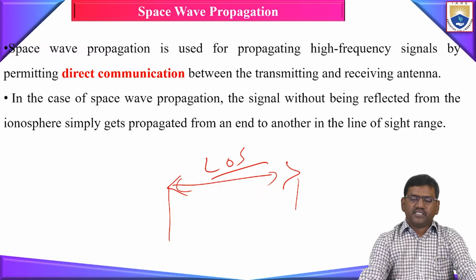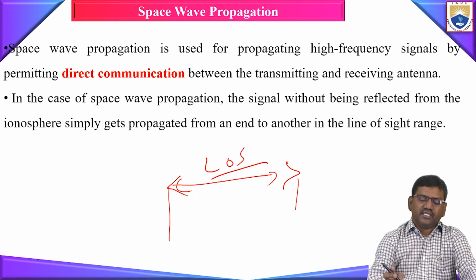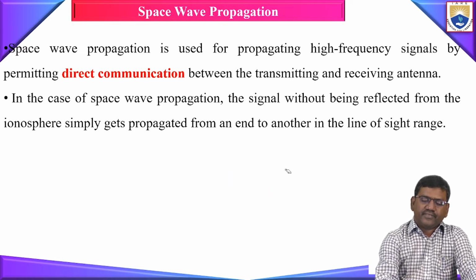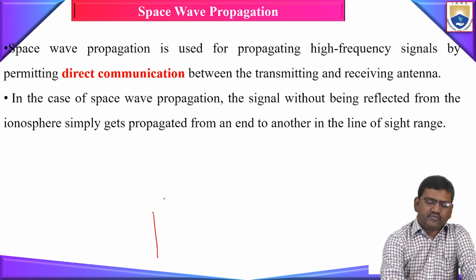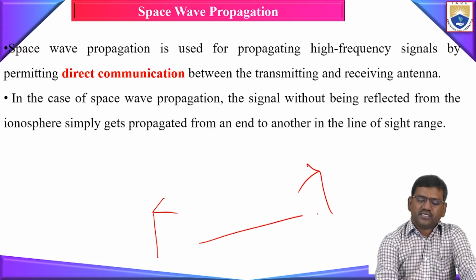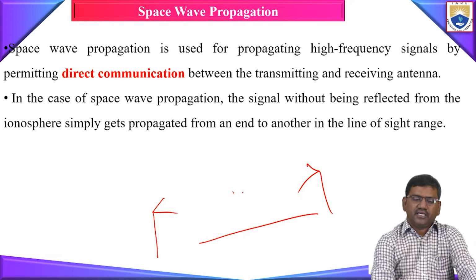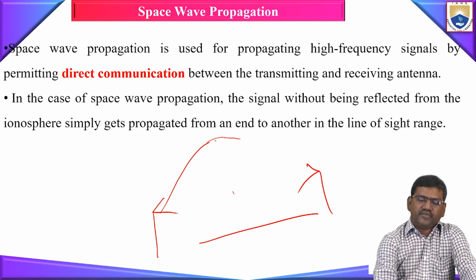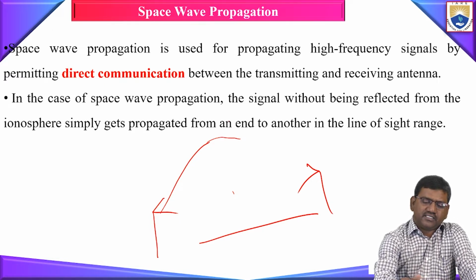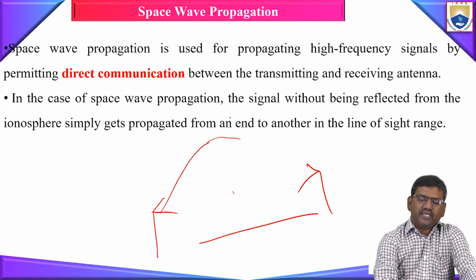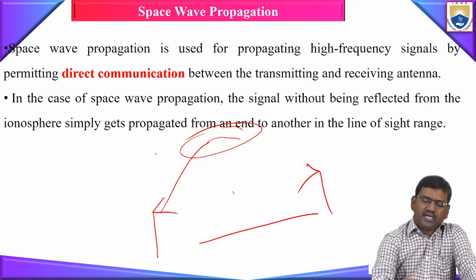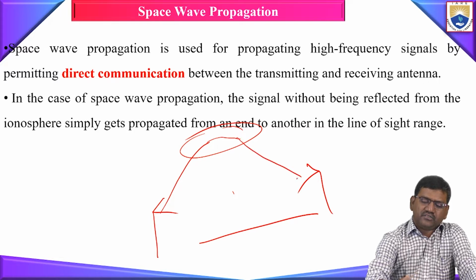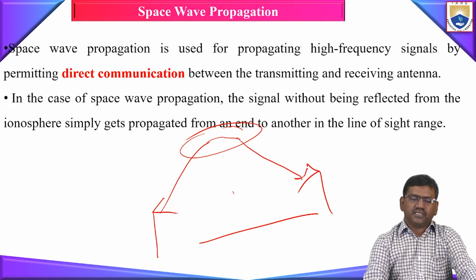In case of spatial propagation, the signal, without being reflected from the ionosphere, simply gets propagated from one end to another in the line of sight range. Whenever we propagate an electromagnetic wave into the free space, around a distance of 16 kilometers, it enters the troposphere region, and there is a small refraction or reflection in one of the layers of the tropospheric region, and the signal directly reaches the receiving antenna.